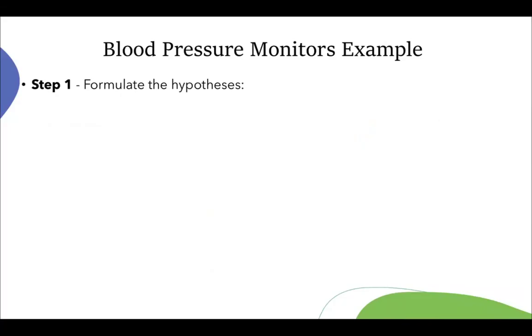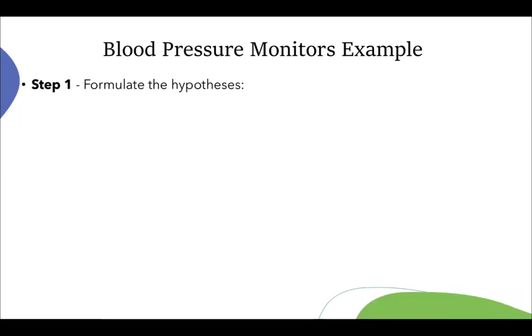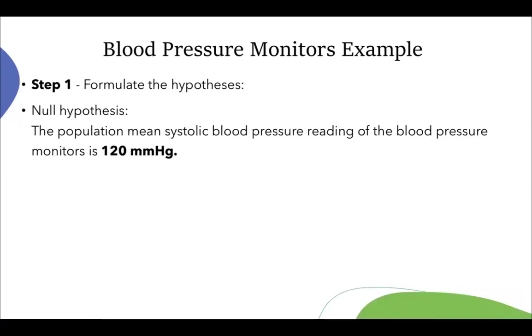The null hypothesis, we never indicate that there is a difference between the current established population mean and what this group is attempting to test. This group of medical researchers is attempting to see if there's a higher average. So in the null hypothesis, we're going to state that the population mean systolic blood pressure reading of the blood pressure monitors is 120.